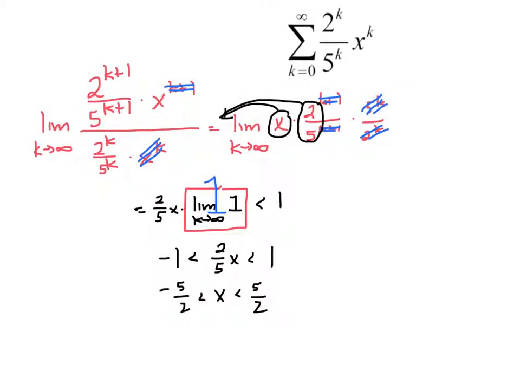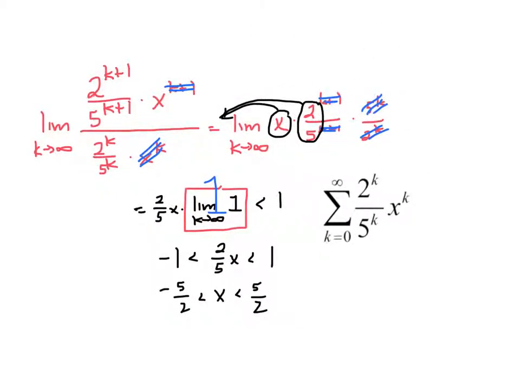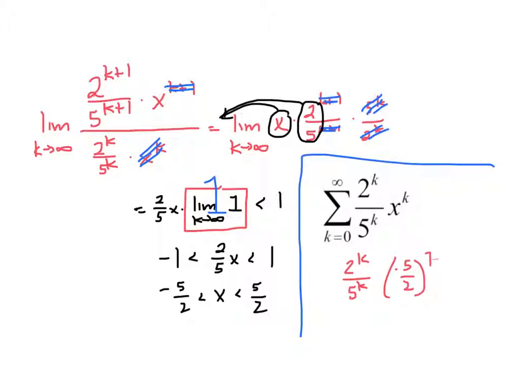Okay, that's kind of one of the things that maybe makes a little more work here at the end. So we go back to our original series. Let me kind of box this in, and we check the endpoints. We say if I plugged in -5/2 for x, let's do that. So we'd have 2 to the k and 5 to the k times a -5/2 to the k.